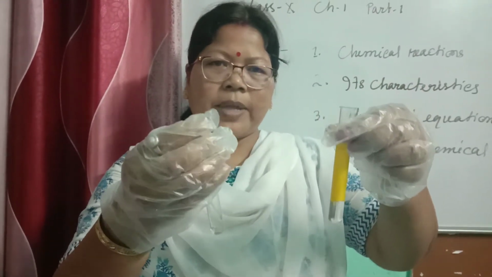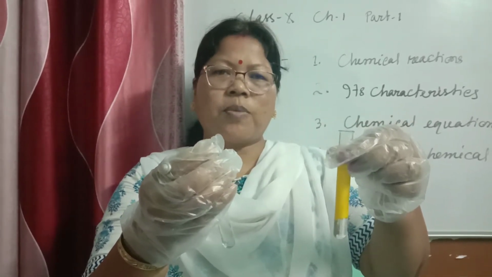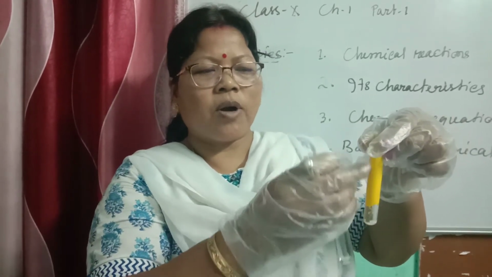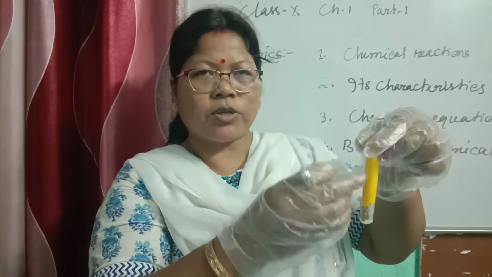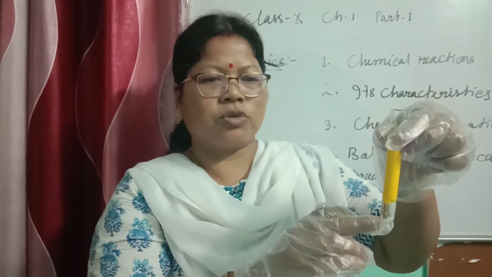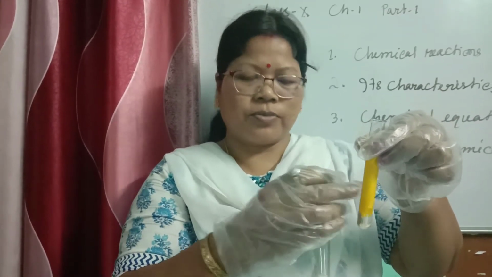First of all, we took the lead nitrate, then added the potassium iodide. So after the reaction of lead nitrate and potassium iodide, it forms lead iodide as a yellow precipitate, or yellow insoluble solid substance, in the aqueous potassium nitrate solution. So this way we can show the change in state, that means a solid substance is formed, and it shows the change in color also.